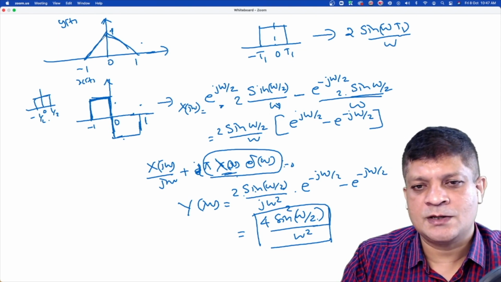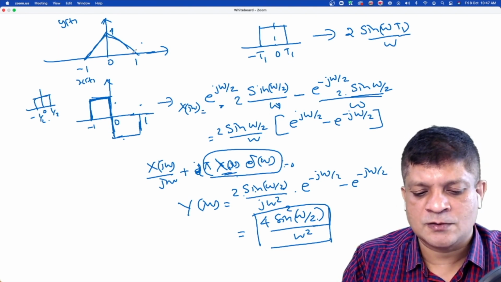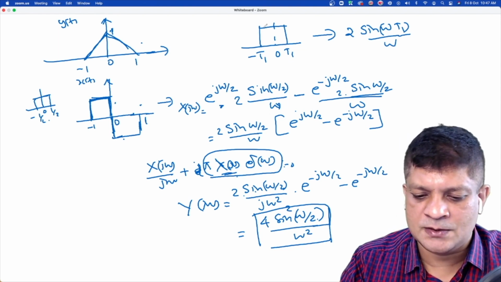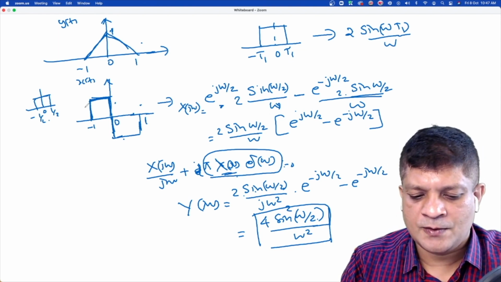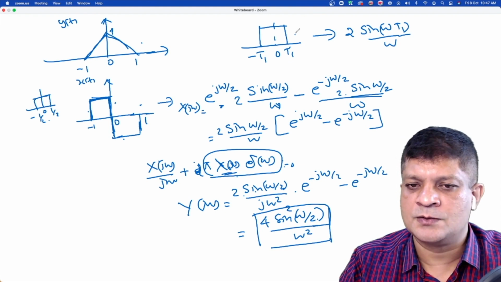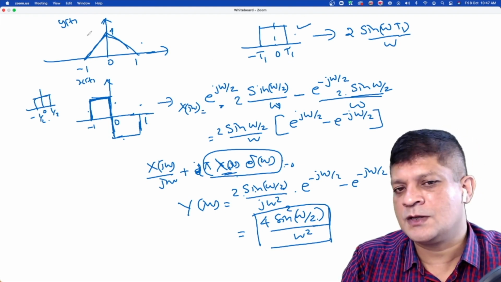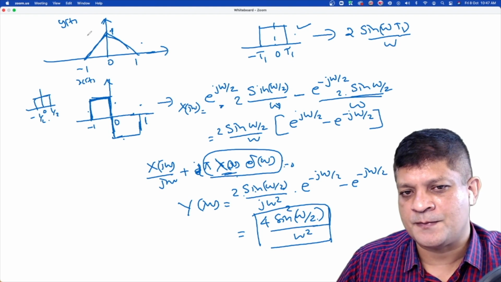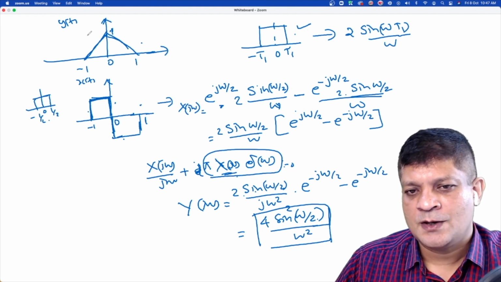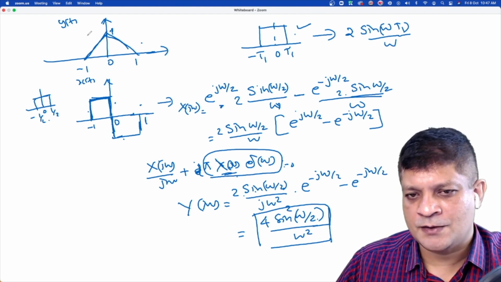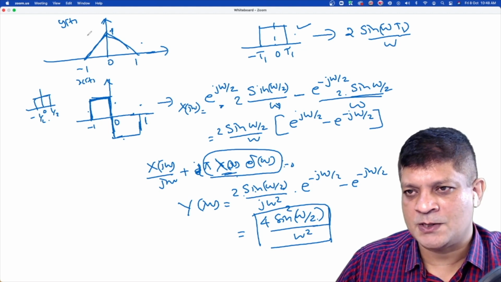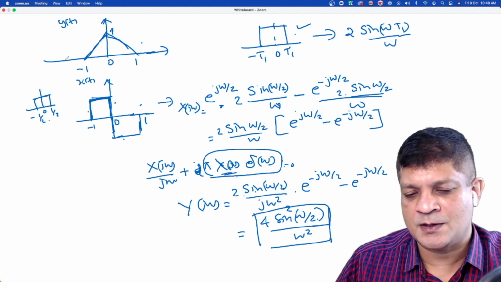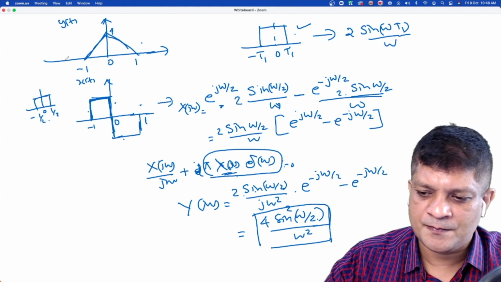For the triangular pulse, we started with this result. We found the derivative, which is related to this result. Using the integration property, we found the answer. Now my question is, instead of using the differentiation and integration property, can you use some other property?